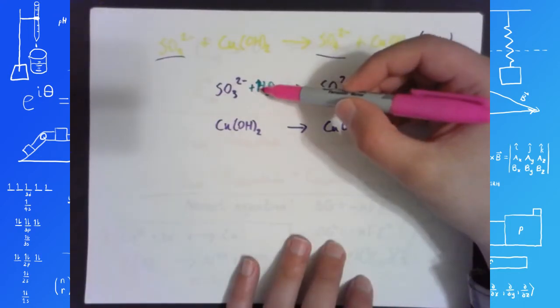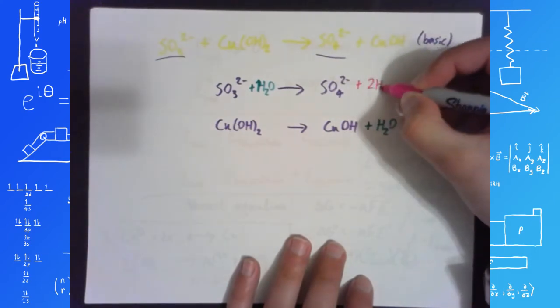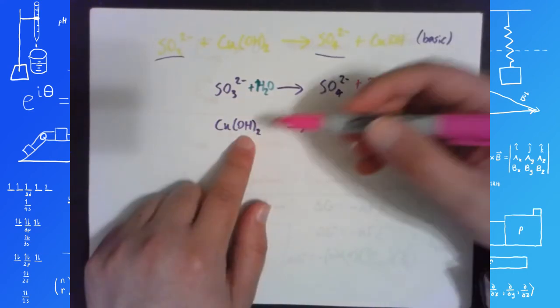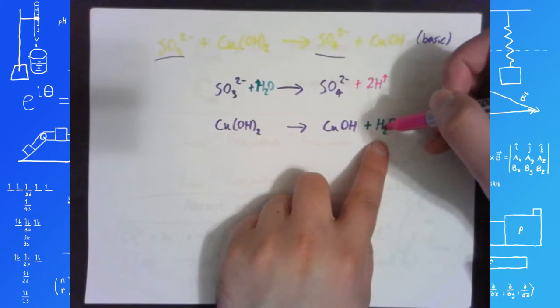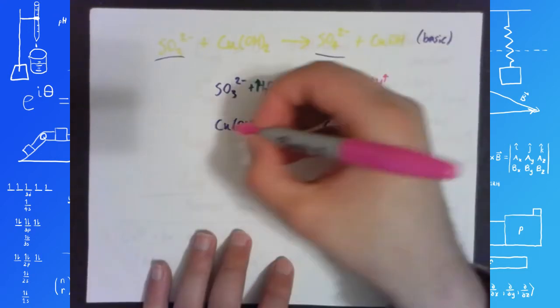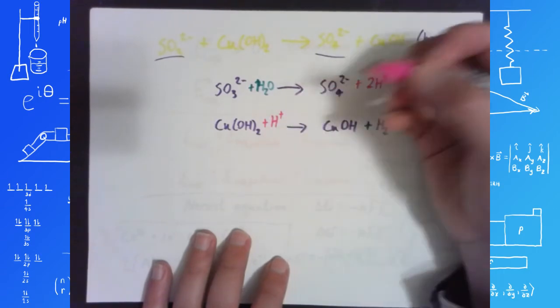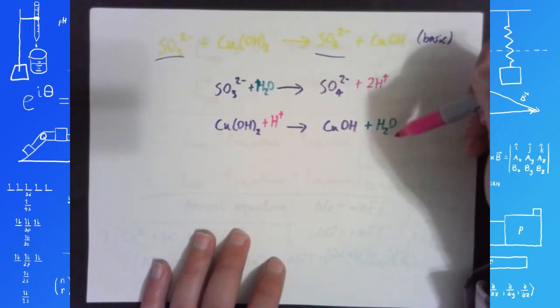So 2 hydrogens here would need 2 hydrogen ions here. And we've got 2 hydrogens here and 3 hydrogens here, so I would need to add 1 hydrogen ion here. Is that right? 2 plus 1 is 3, and yeah.